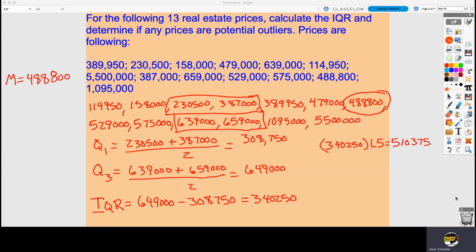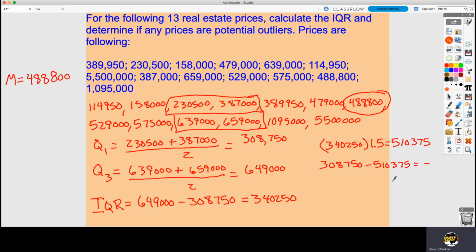All right, now how we use that is to find out if we have any outliers on the bottom half. We take our first quartile, so 308,750, and subtract out 510,375, and we're going to get a negative number here, right?